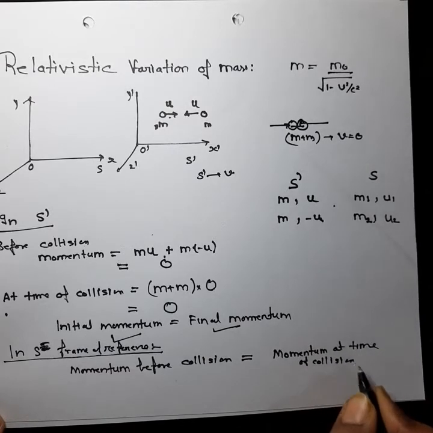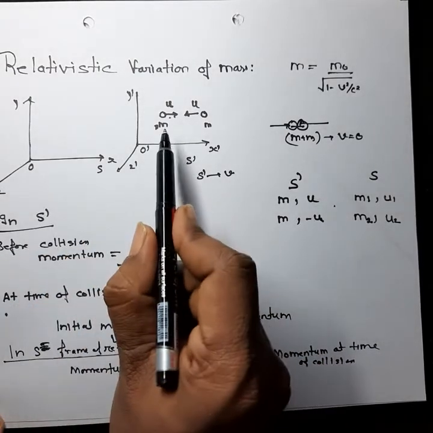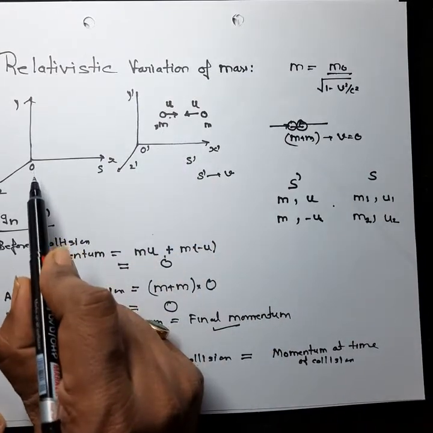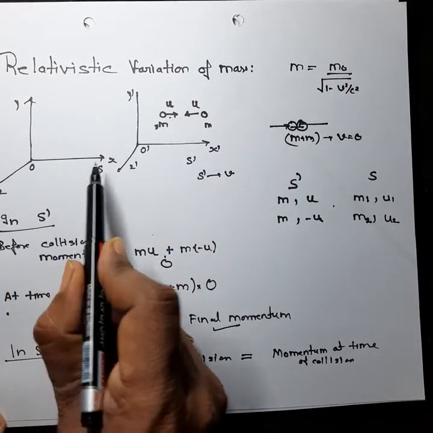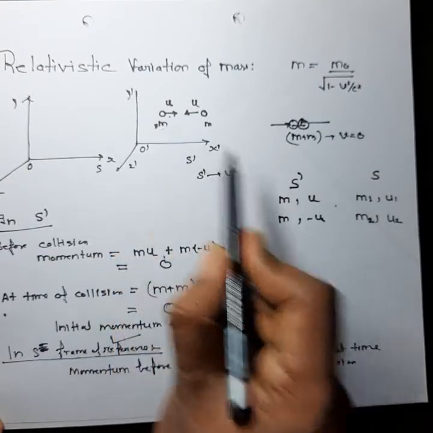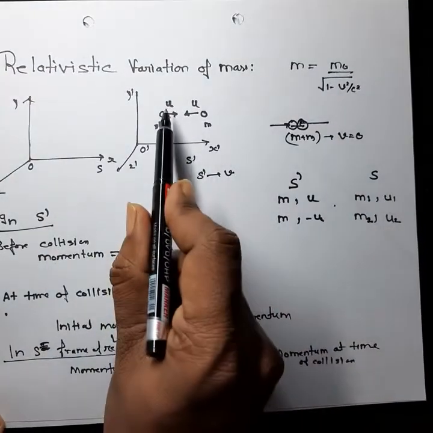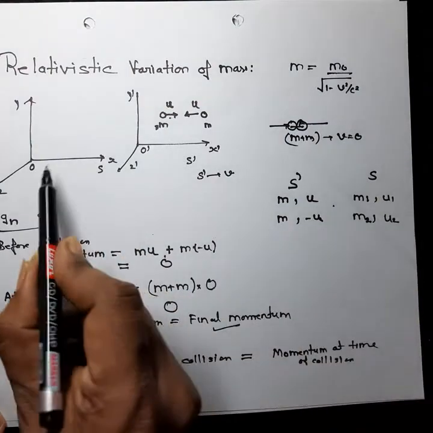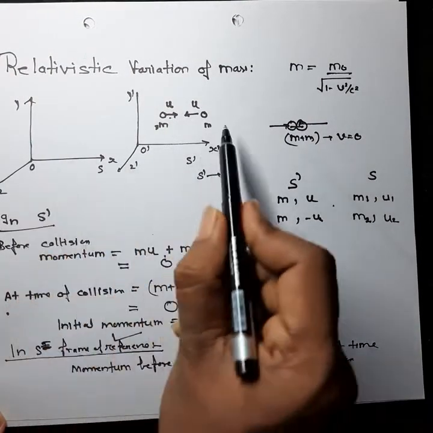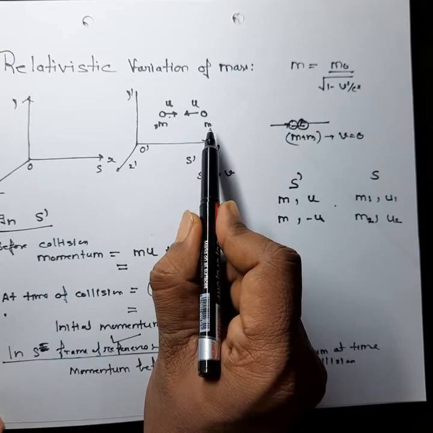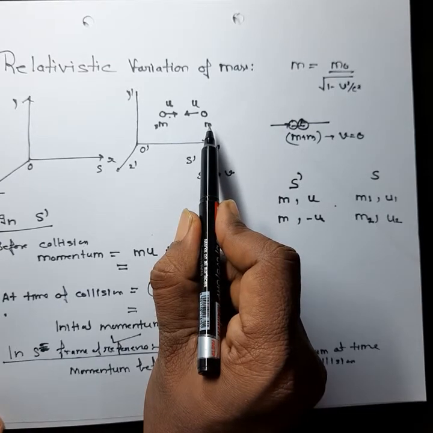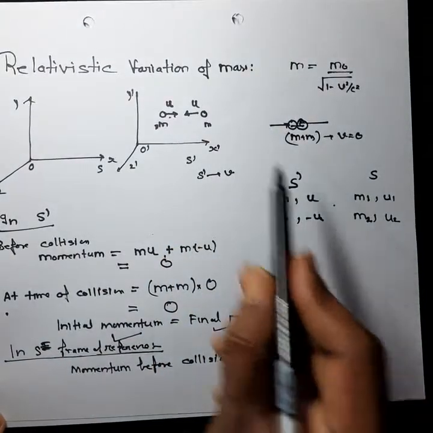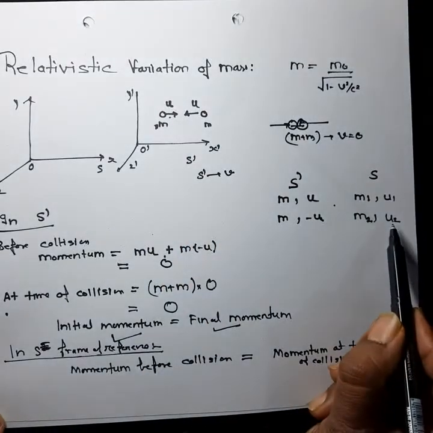So how will I write? Before collision, for the S frame of reference, the mass is not m, the mass is m1, and its velocity is not u, but u1. Similarly, the mass of the second object is m2 and its velocity is u2.